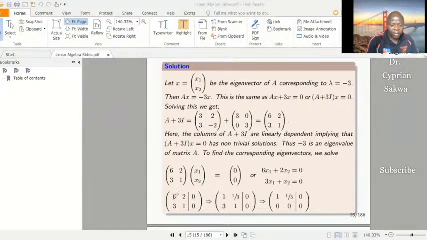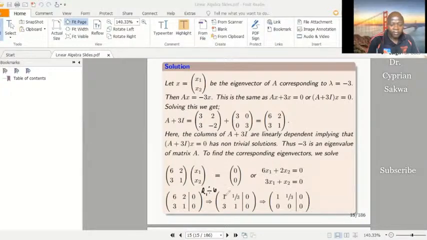It's not always a must to be 1, I can even leave it the way it is. But what is most important is that this one must be 0. So I think of how to make this one 0. In this example, I divided row 1 by 6, and this is my row 1, and row 2 I left the way it is.